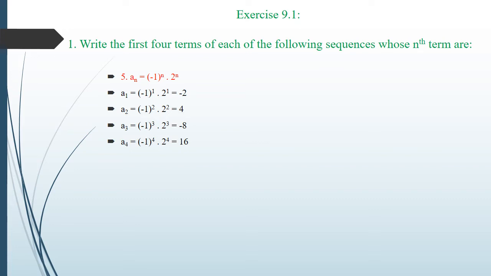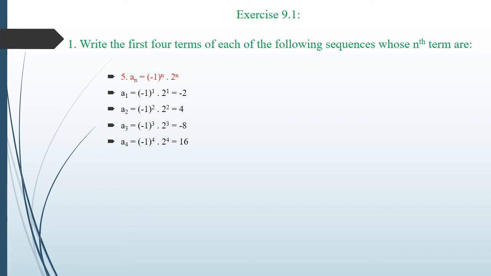And fourth term, that is a4 is equal to minus 1 to the power 4 into 2 to the power 4. 2 to the power 4 is 16 and minus 1 to the power 4 is plus 1. Therefore 16 into 1 is going to give me 16. Remember, whenever we get minus 1 to the power n, if the nth power is odd, then the answer is going to be minus 1, and if the nth power is even, we are going to get the answer as plus 1.